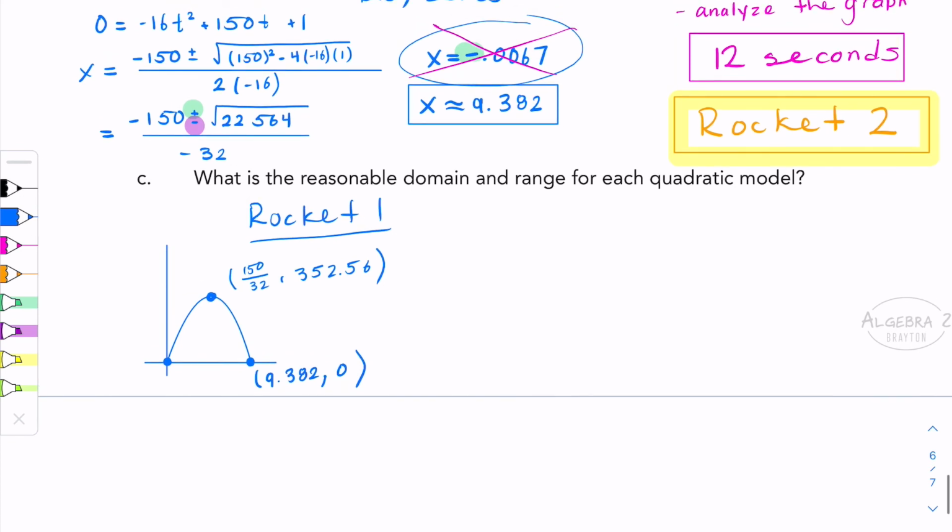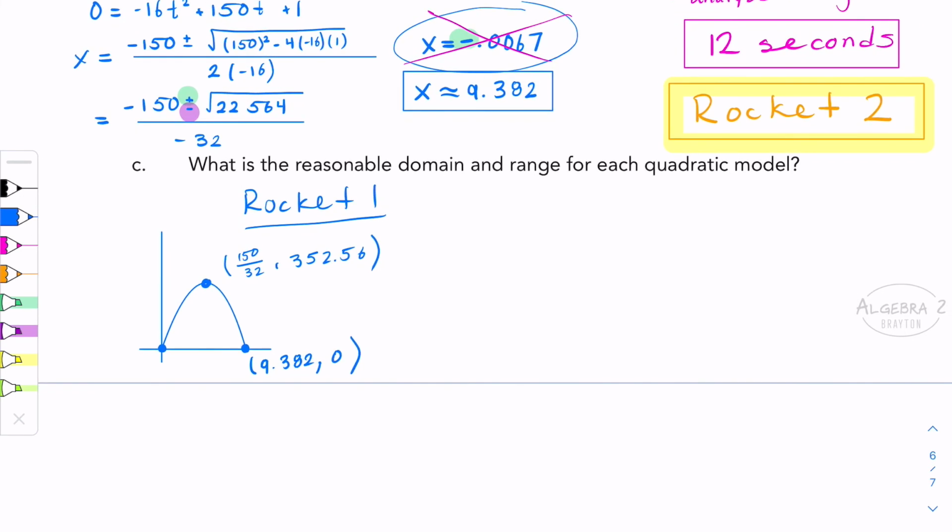So for rocket 1, a reasonable domain, oh, actually, hold on, pause for 1 second. For any problem like this, you are only dealing with the positive quadrant. So you are only dealing with quadrant 1. You will never have anything that goes past 0 in the negative direction on either the x or y axis. So for rocket 1, the domain starts here at 0, and it looks like this graph ends at 9.382 seconds.